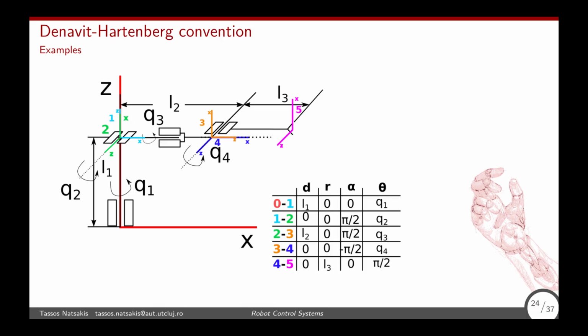How do you read this? Again, we have the table d, r, alpha, theta, and then we have the fixed frame in red, and each frame has different colors. So I don't use red for X and blue for Z, just to be clear which frame is which. Because here I have, let's say, 2 frames, and if I had both X axes red, it would be confusing.